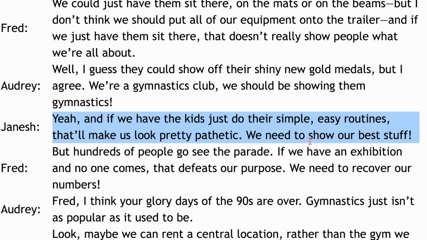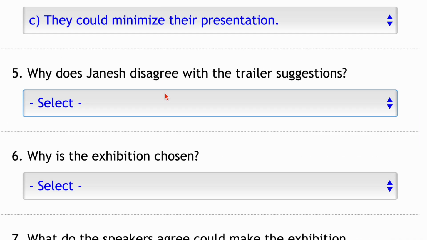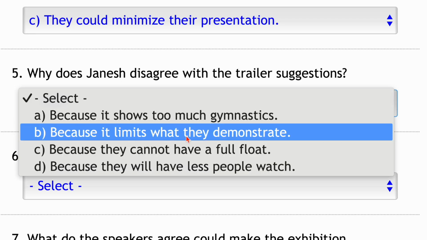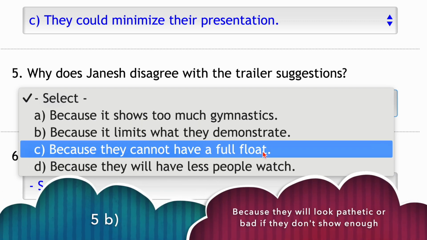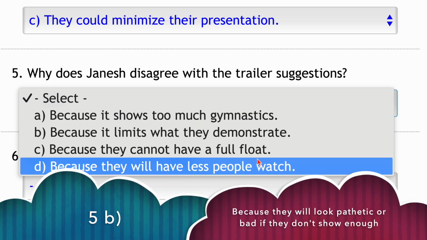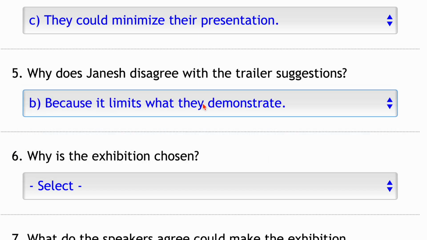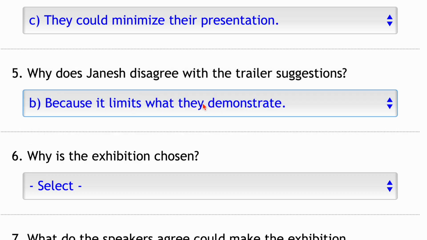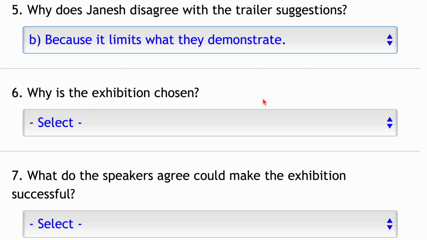We need to show our best stuff. So because it won't show enough, looks like that. Not too much. Limits what they demonstrate, I think, so they cannot have a full float. So B, because it limits what they can show. That's why she doesn't like it. Why is the exhibition chosen?